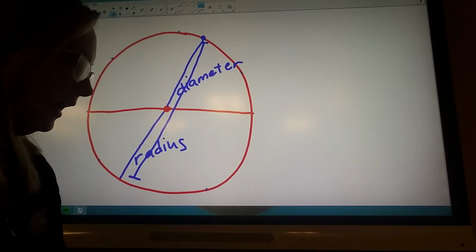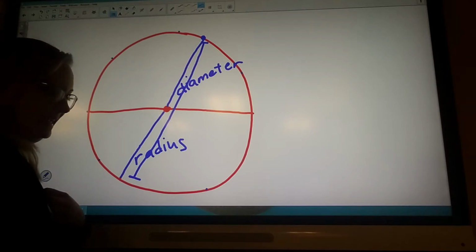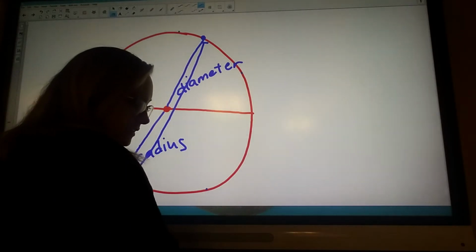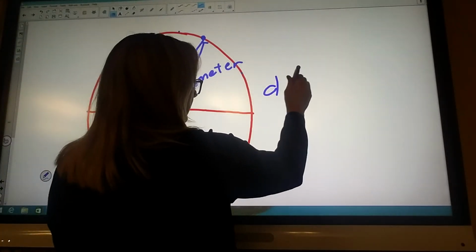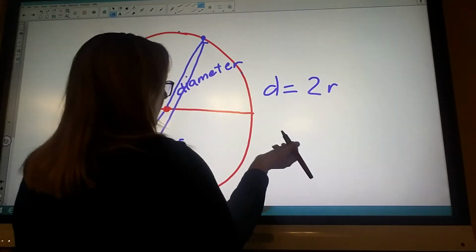To figure out the diameter and the radius, there are 2 formulas you need. They're in your book on page 318. The formula for diameter says it is twice the radius, which makes sense, right? So if you want to know the diameter, it's going to be 2 times the radius.